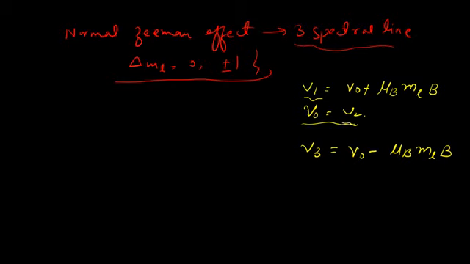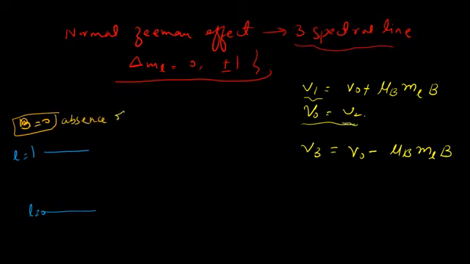Now let's suppose we have two different states. This state corresponds to L equal to 0, and this state corresponds to L equal to 1. First we consider the case when B is equal to 0, that is, in the absence of a magnetic field, when there is no field.